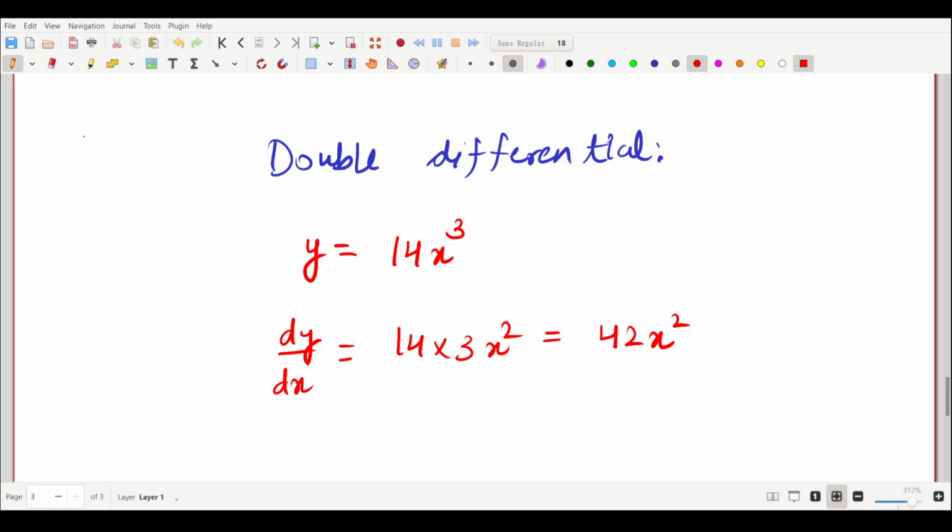This is the single differential, the first derivative, the value of slope for this equation.